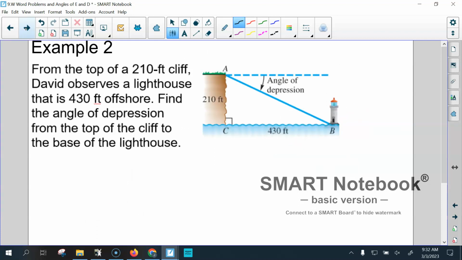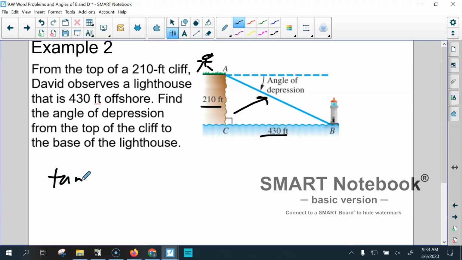All right? So from the top of a 210-foot cliff, so you're standing up here on top of the cliff. That's a really weird person. All right? They observe a lighthouse, which is 430 feet away. Now, again, we don't have the hypotenuse, so this is a tangent problem once again.